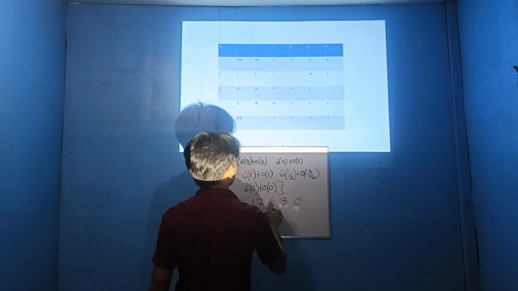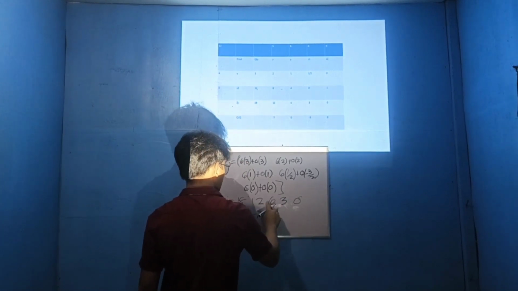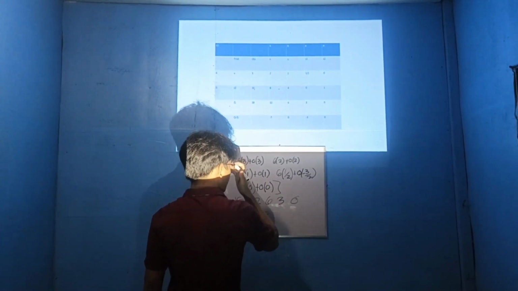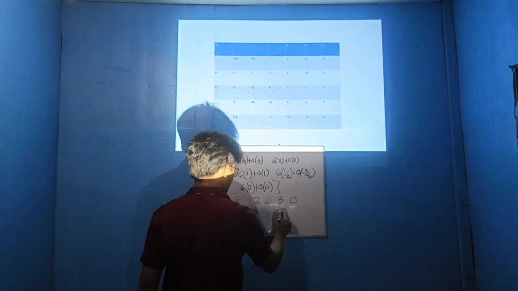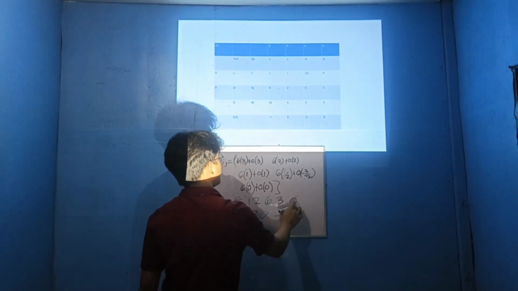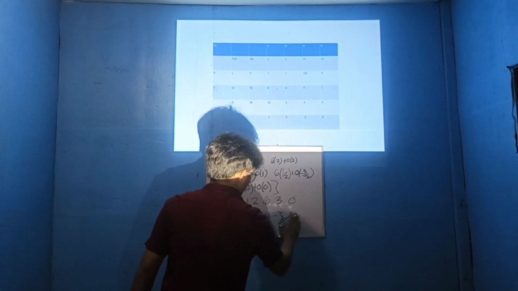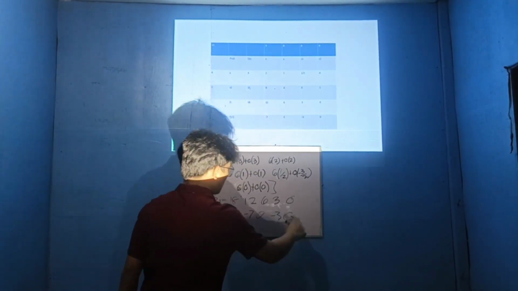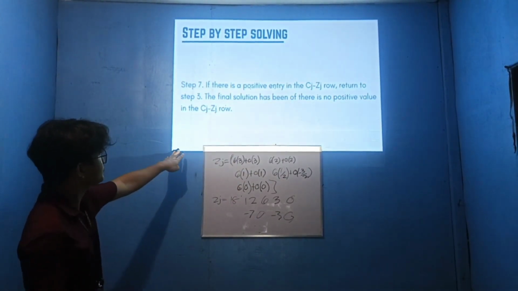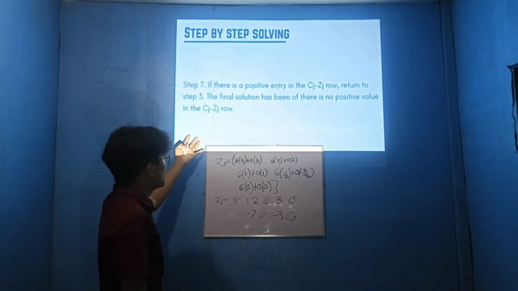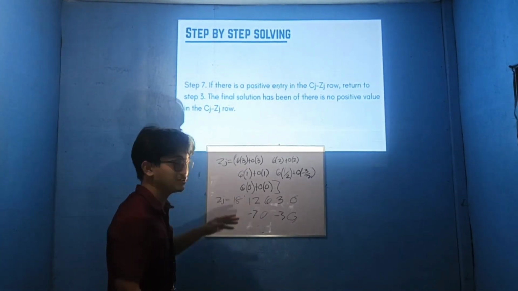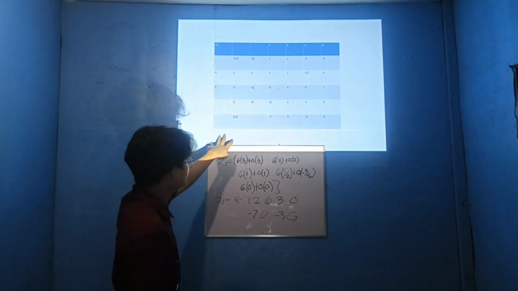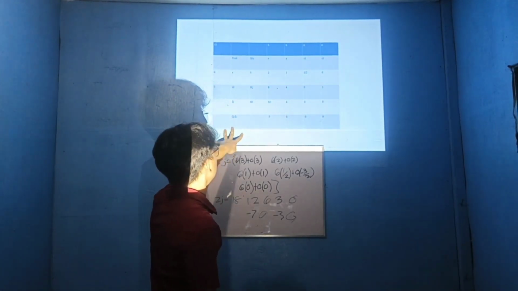And 6 minus 6 will be 0. And 0 minus 3 is equal to negative 3. And our last will be 0. Here is our final Simplex Table number 2.